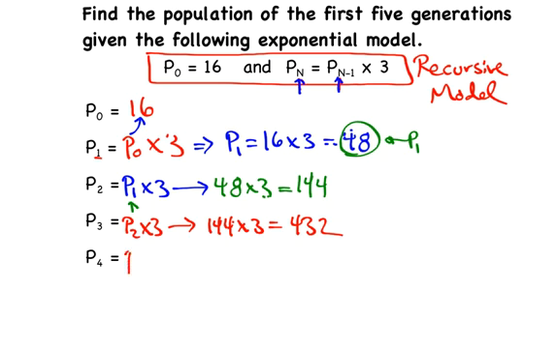And then for P4, we have P3 times 3. We look up the value for P3, multiply it by 3, and we get 1296. So that's generating population data using the recursive model.